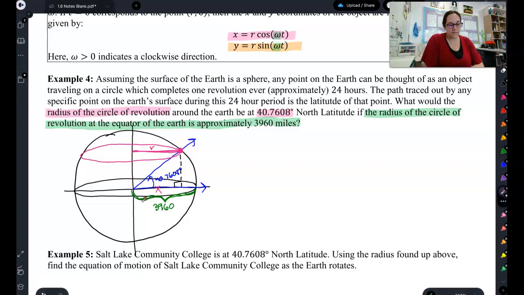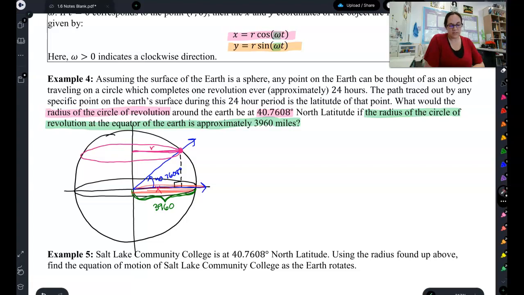So we just need to figure out, if we know that the radius at the equator is 3,960, what is that on my triangle? Well, since it's the radius of the circle, we may notice that's the same thing as this. This length and this length are both radii of this circle, the sphere.